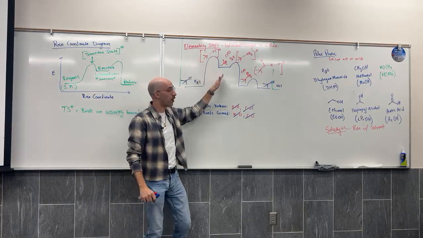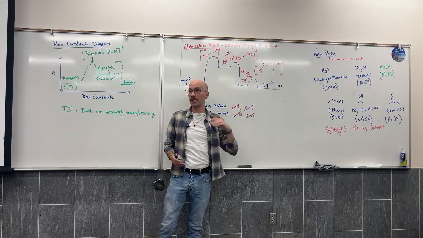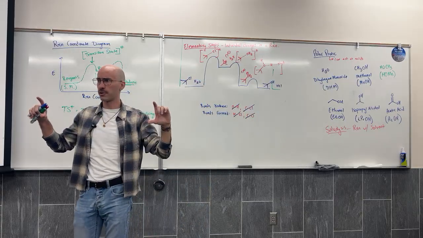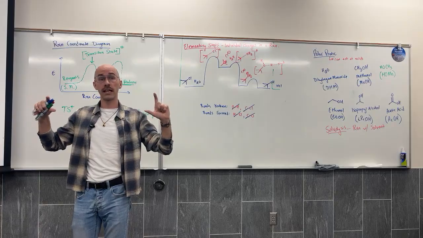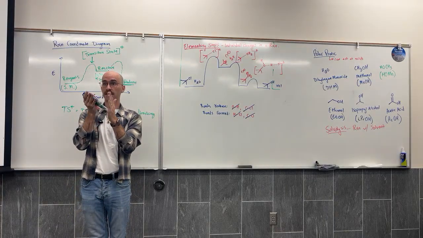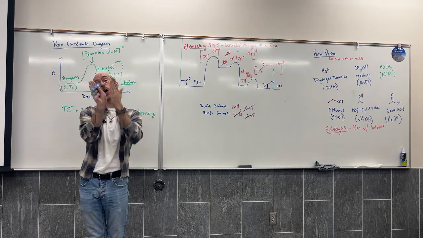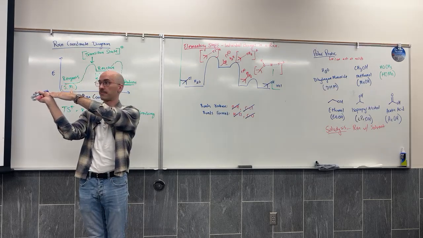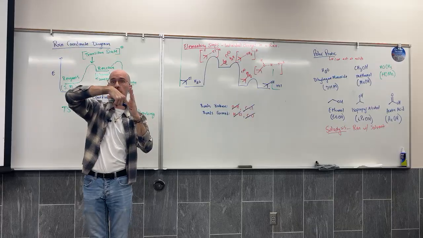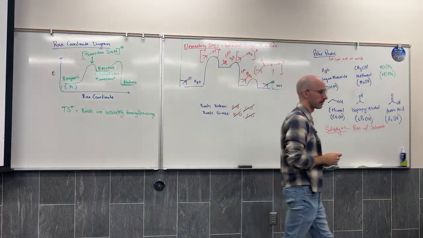Rather than looking at what energy they're at, what's the highest energy, what's the lowest energy, we're just going to look at the nature of the structure, and we'll use electron arrows to say when this bond breaks, the electrons are taken to the more electronegative atom. This bond forms because lone pairs were donated to form a bond.